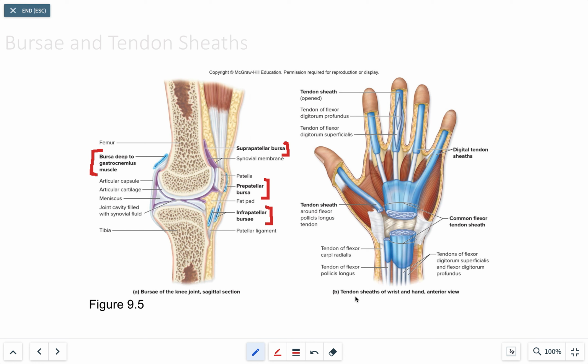Over here in a synovial joint, we see different components such as ligaments and tendinous sheaths. When we look at the common flexor tendinous sheath, we'll see the flexor pollicis longus muscle and the flexor digitorum profundus muscle.